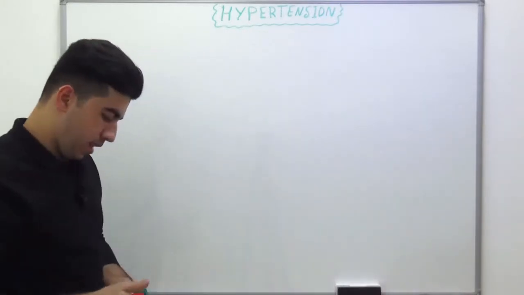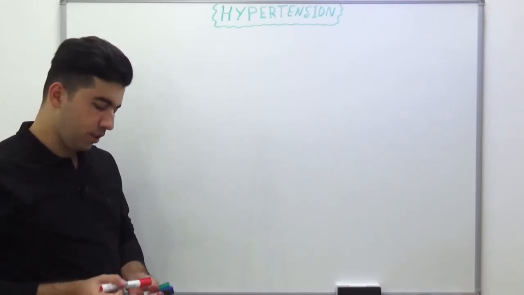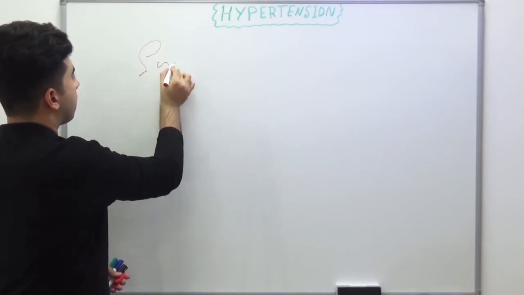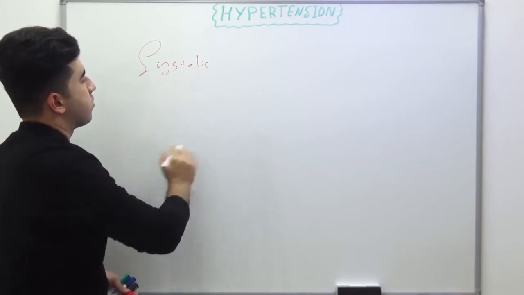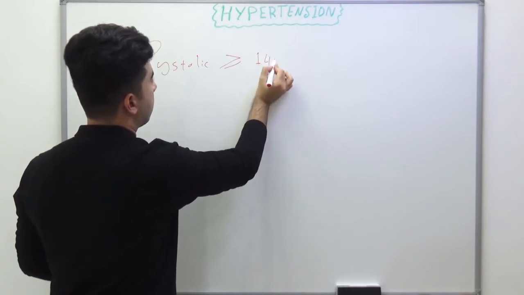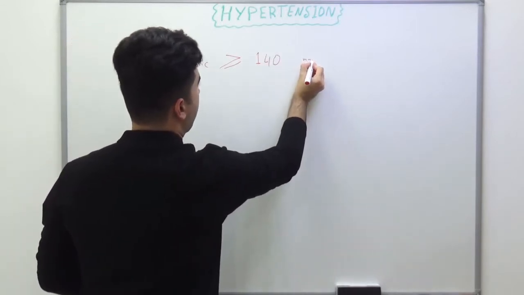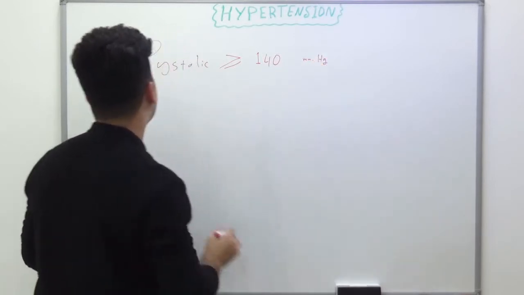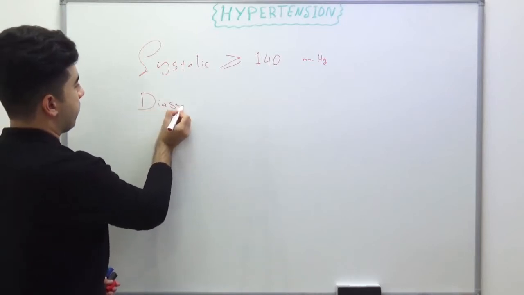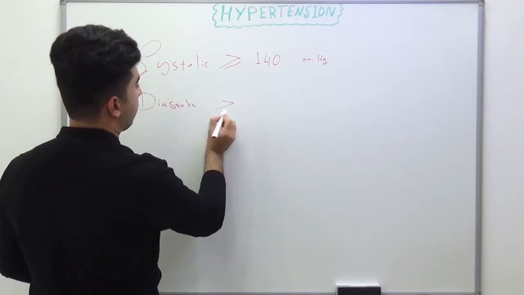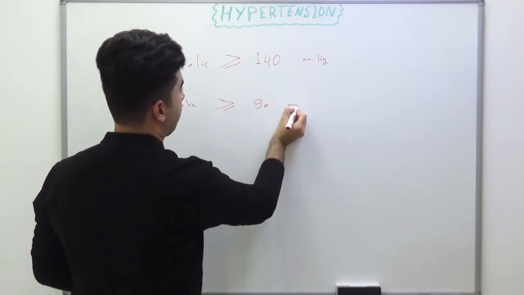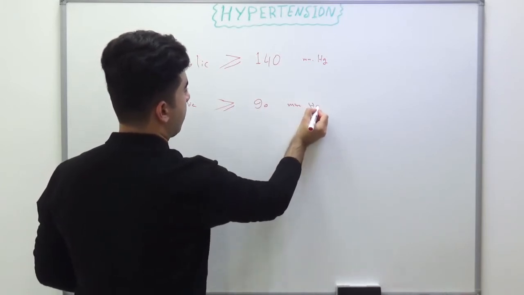Now, hypertension is usually defined as a systolic value that is more than or equal to 140 millimeters of mercury, and a diastolic blood pressure that is usually more than or equal to 90 millimeters of mercury.